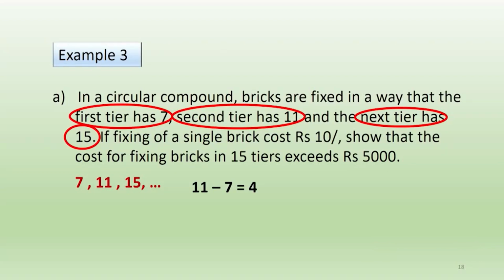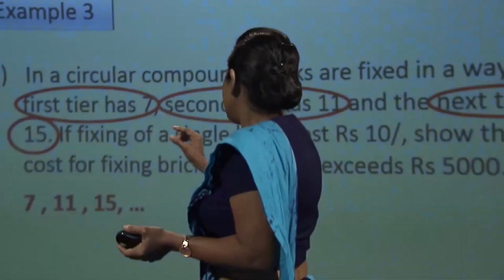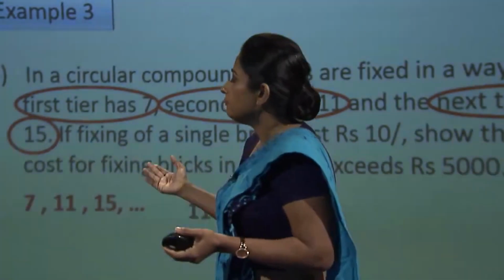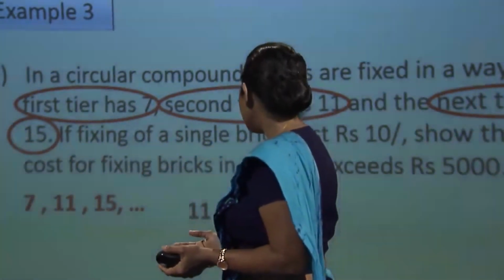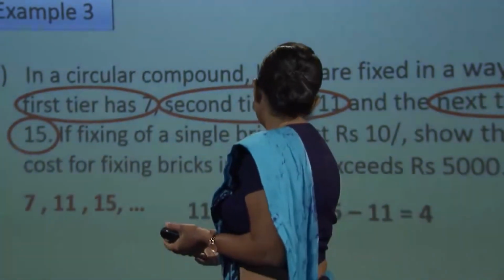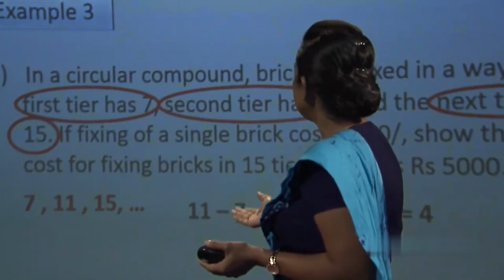But from that only I can't say this is an arithmetic progression, because there are other terms and we have to check the differences of them also. So I select another pair, 15 and 11.